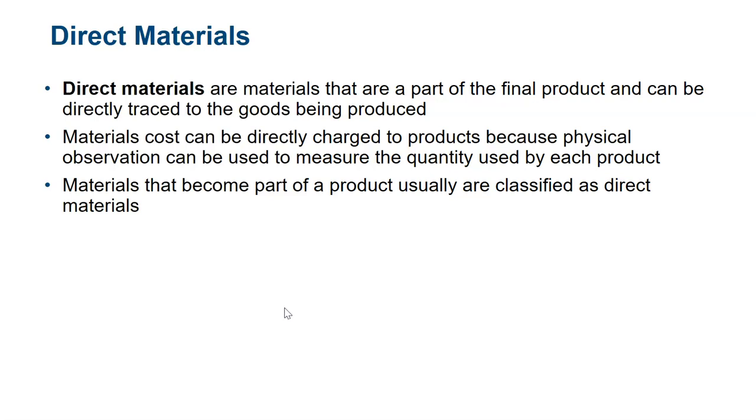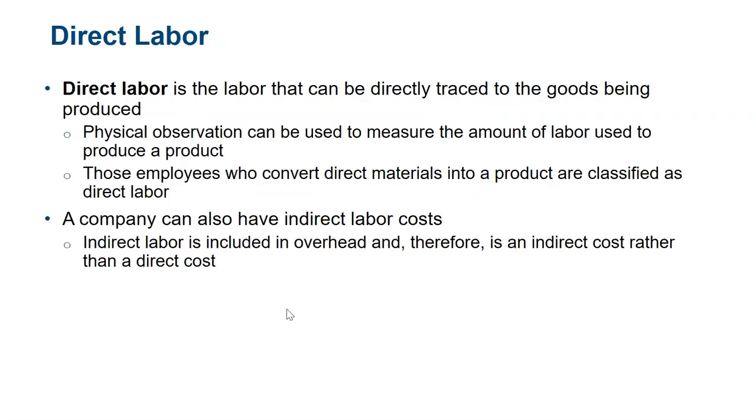It is for this type of vehicle. Direct labor is the labor that can be directly traced to the goods being produced. So if we're on an assembly line and we are stitching a pair of jeans with a machine, or installing that windshield that I just talked about, this is called direct labor.